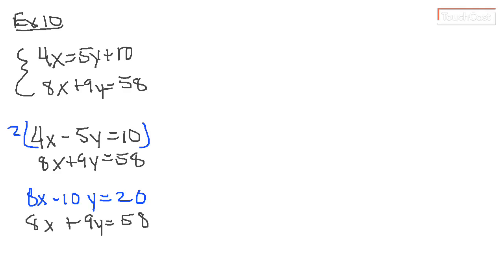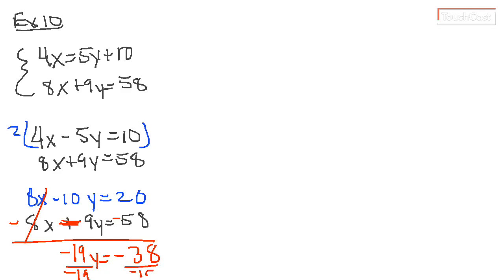So I'm going to make it minus 8x minus 9y equals minus 58. Now if we go down with the adding, the x's cancel out. We're going to get negative 19y equals negative 38. If we divide by negative 19, we're going to get y equals 2.